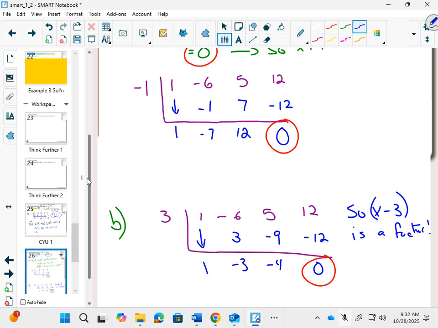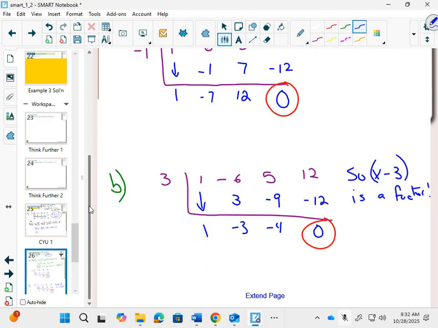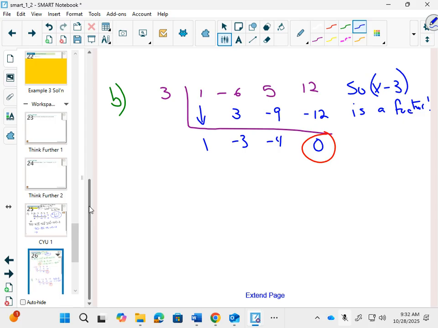So we can find out if something's a factor if we get that remainder to be 0. Once again, I'm going to get you to leave a little bit of space under this one. And then we'll do part C. Again, the same setup for synthetic division: 1, -6, 5, and 12.